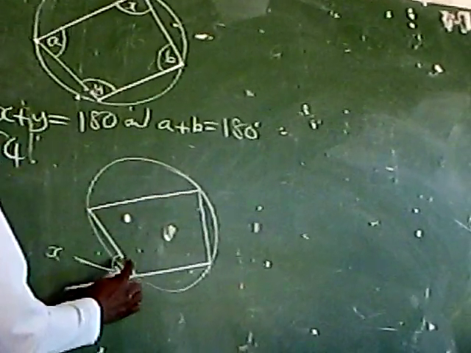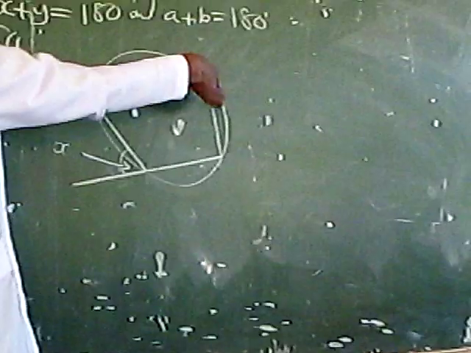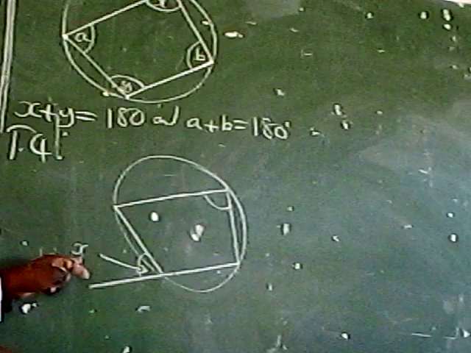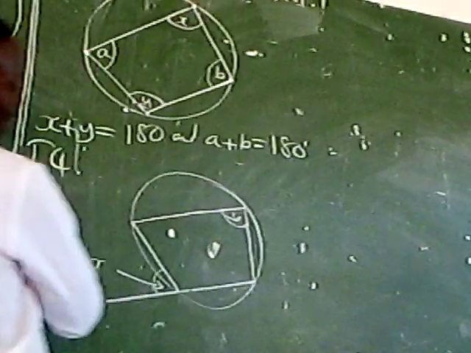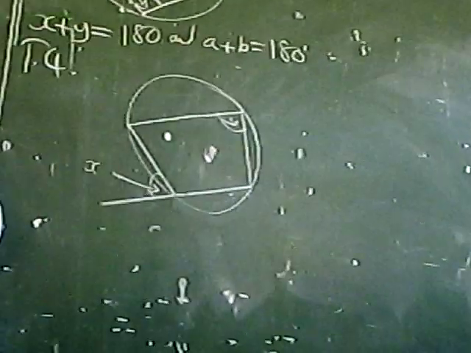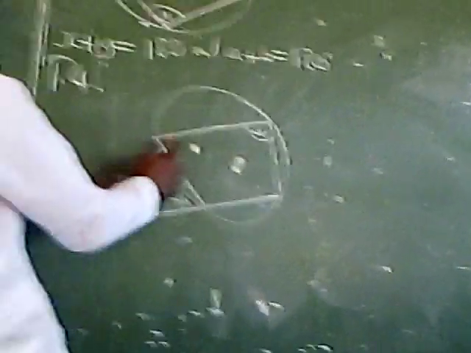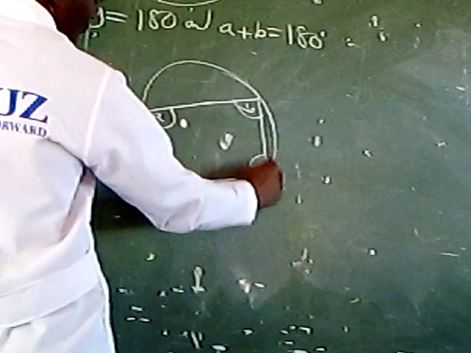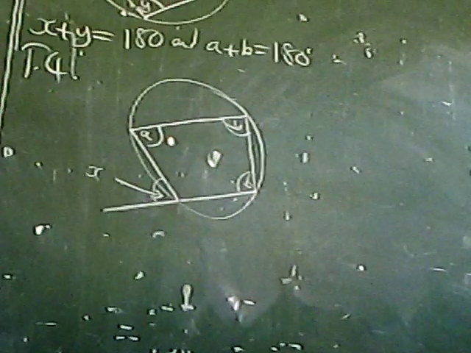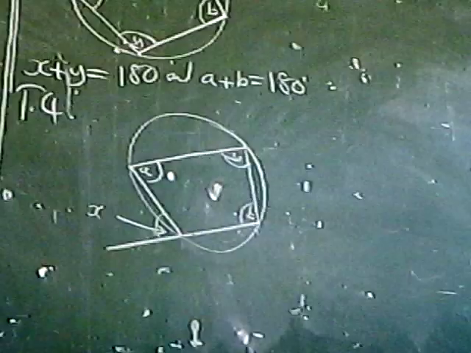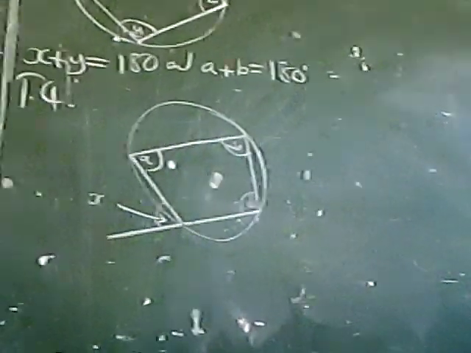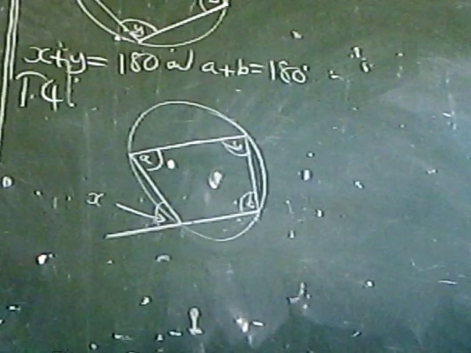So the opposite angle of this is actually this one. So this angle here will be equal to the exterior opposite angle of the cyclic quadrilateral. So x will actually equal y. Take note. That's what we looked at. And of course, the same principle of the cyclic quadrilateral applies here. We went further and we also observed that we had another theorem.